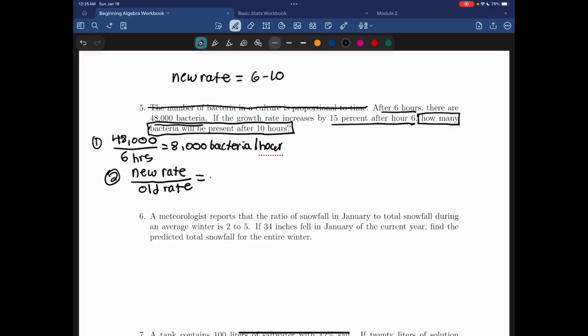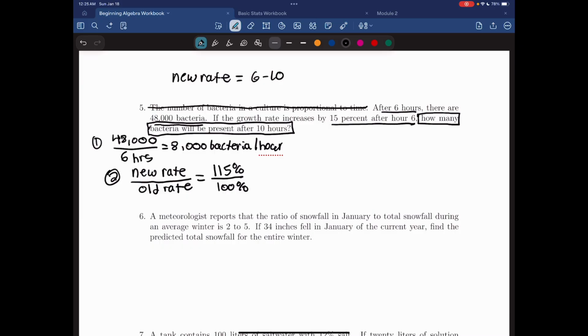So this new rate, we're going to have to set it equal to 115% because it's an additional 15%. And the old rate is the original rate, which is 100%, the normal rate.